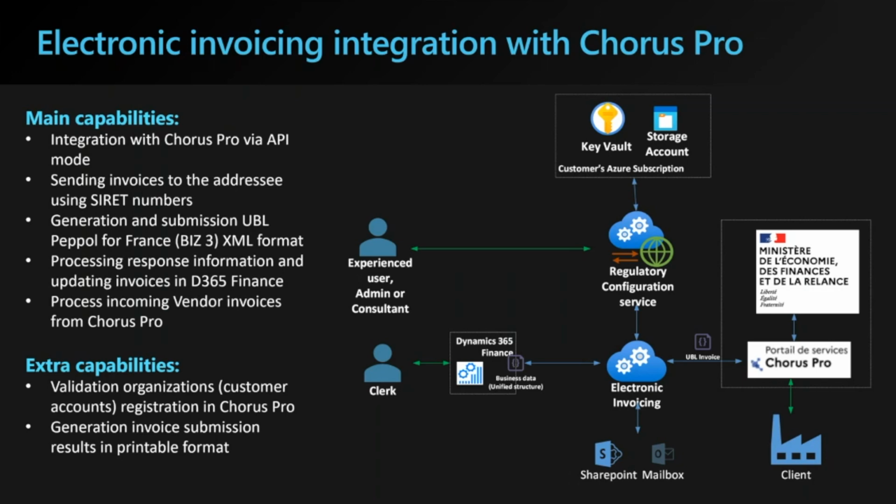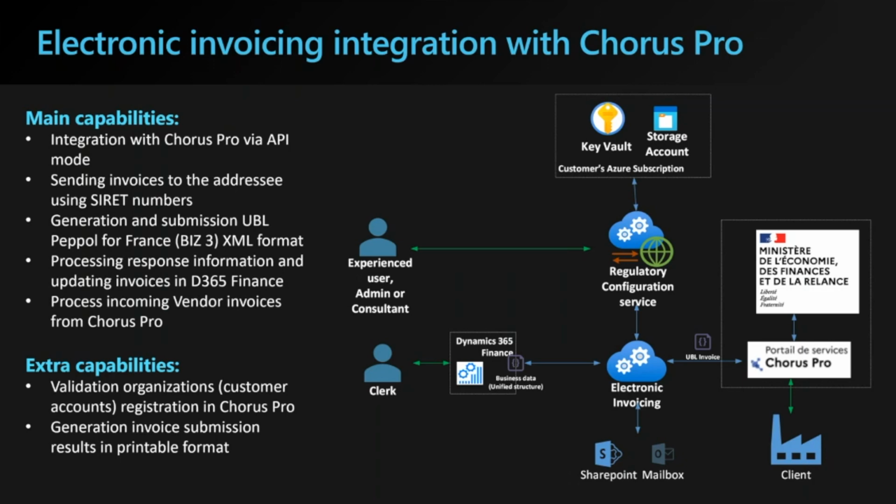And to spend a bit more time on the architecture and the main functionality of the solution, I will walk you through the process in more details. So what is happening? It is very similar to what Ilya presented for other two countries.